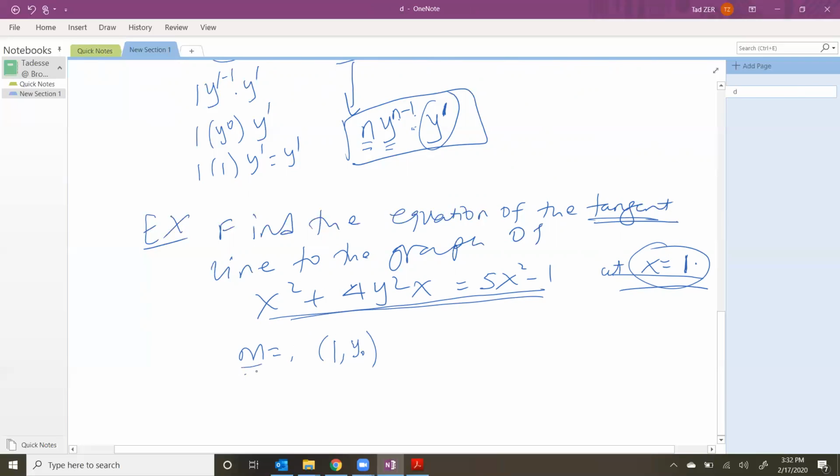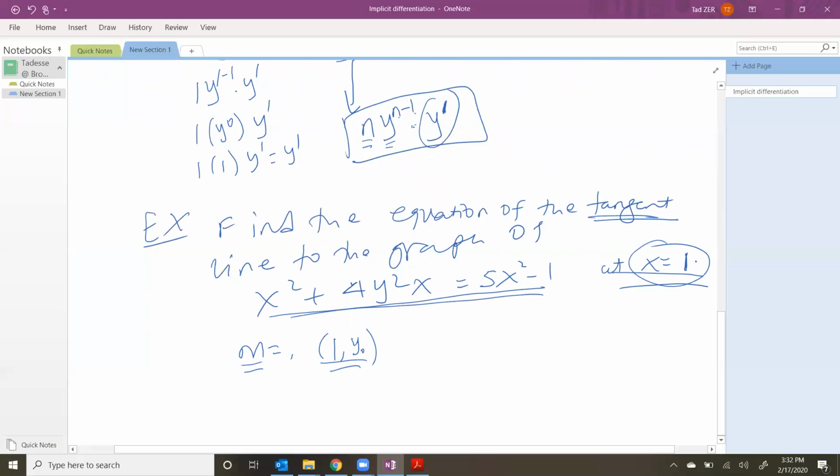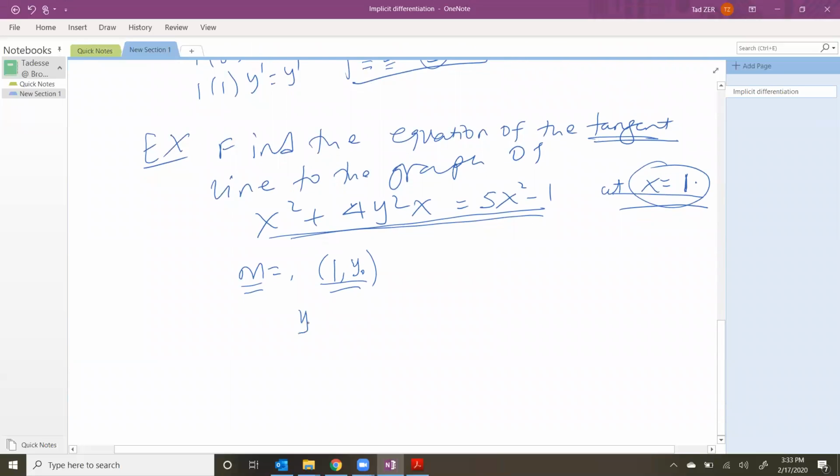Then because I have a slope and a point, I can use the point slope form, which says y minus y0 equal to m times x minus 1. So I have to find what y0 is, and then I have to calculate what the value of m is.